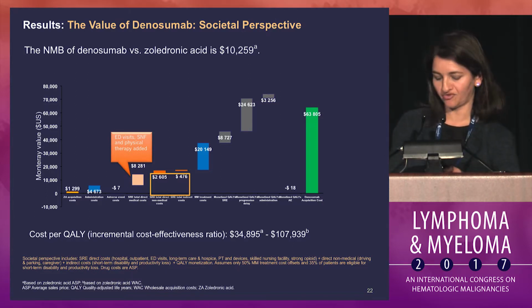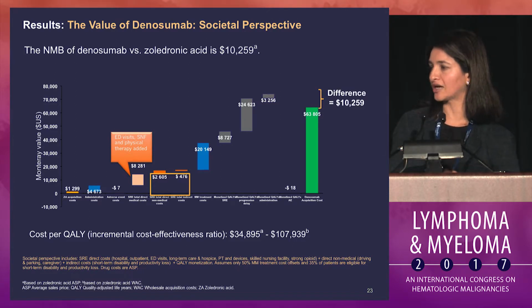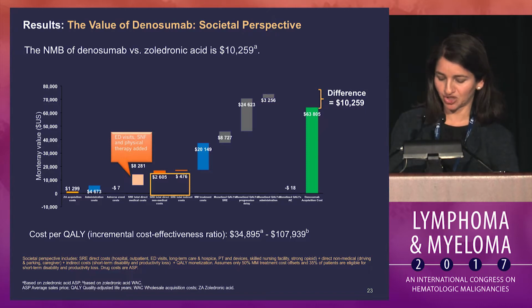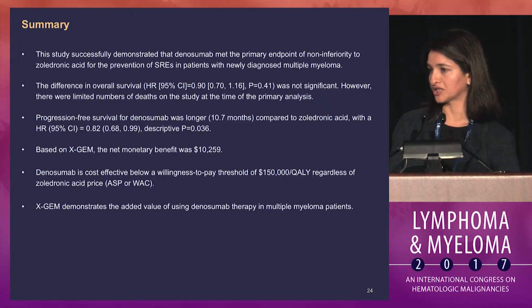We've calculated for all of those things. And despite that, we see when you include a societal perspective, we actually do even better. And this has not even taken into account a patient's preference in terms of getting a subcutaneous shot versus an intravenous shot.